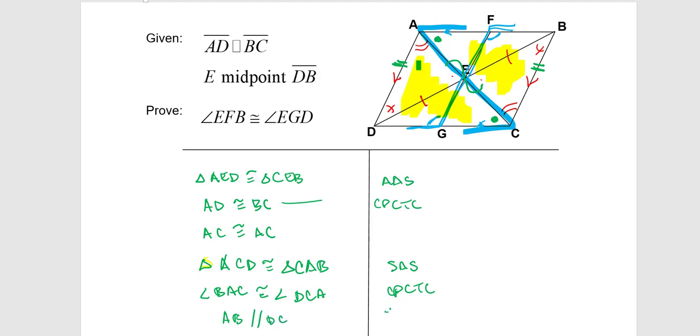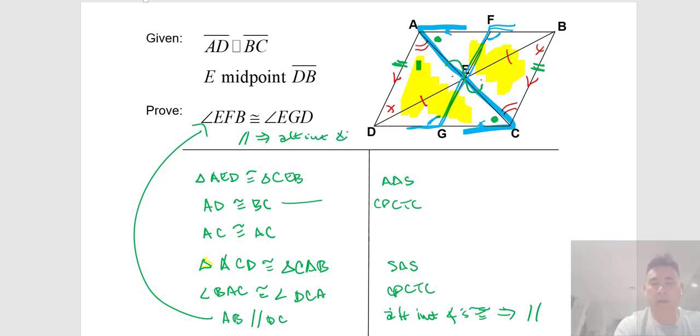Because if I have alternate interior angles congruent, then I have parallel lines. And then now that I have the parallel lines, now I can go ahead and say that these are congruent, because if I have parallel lines, now the alternate interior angles are congruent to each other.